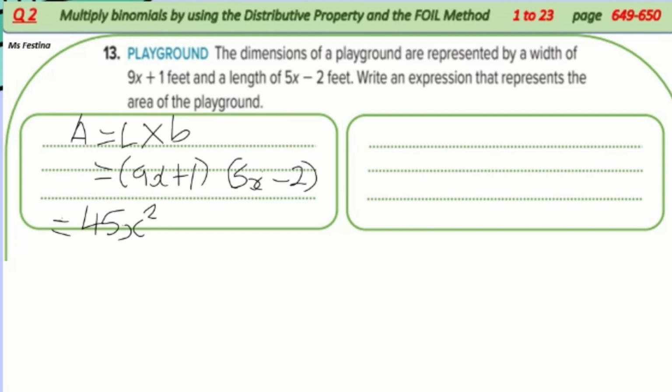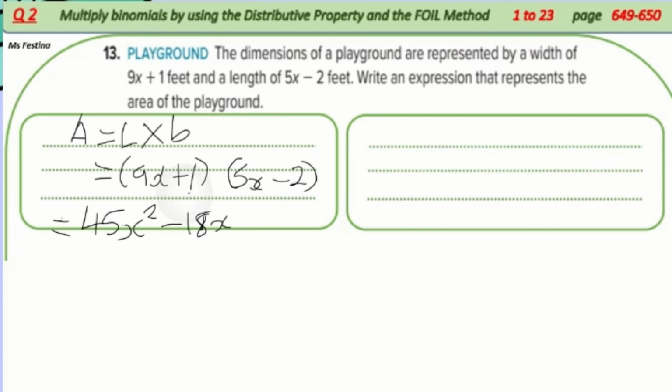Then you have 9x multiplied by negative 2. Positive times negative gives you negative, so negative 18x, and then we are done.